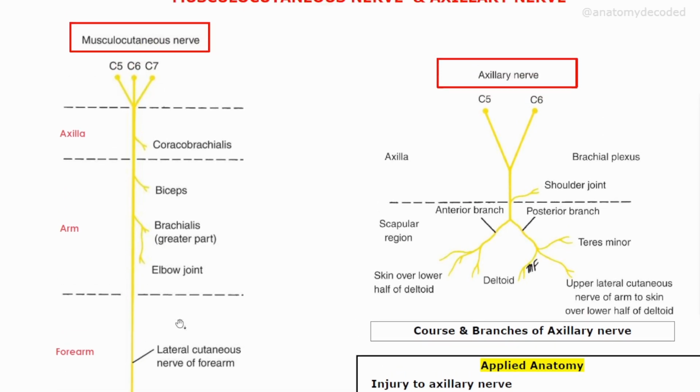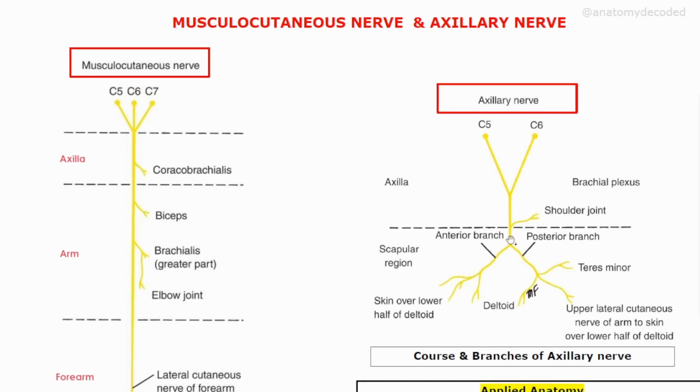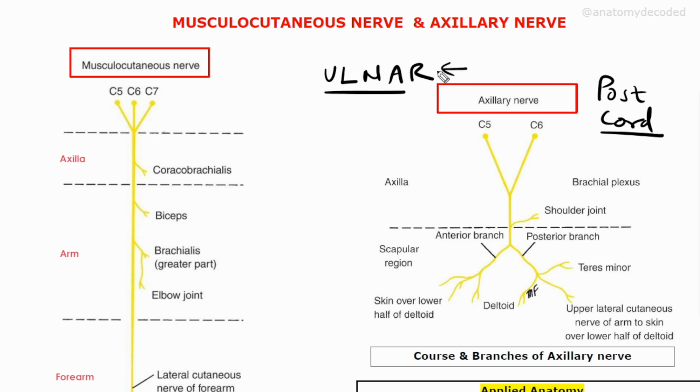Let's see the axillary nerve now. Axillary nerve arises from which part of the brachial plexus? It arises from the posterior cord of the brachial plexus. There is a mnemonic to remember the branches of the posterior cord. I've written ulnar here; ulnar here refers to the mnemonic, not the nerve. The ulnar nerve arises from the medial cord.